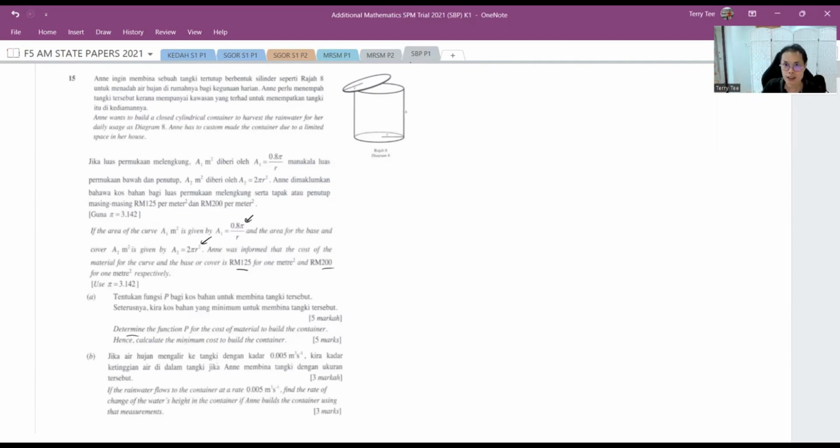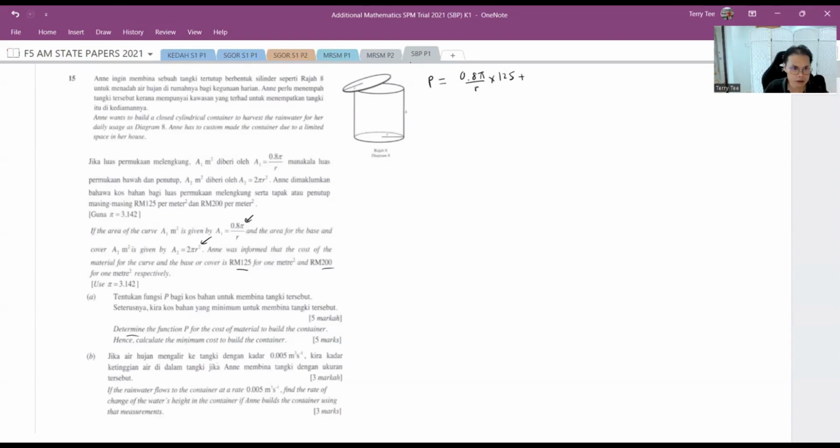So the cost for each one, you need to take the area multiplied by the cost per square meter. Let's say we start with the curve. The curve is 0.8 pi divided by r. Then you multiply by 125. This is the area multiplied by the cost per area, 125 ringgit.